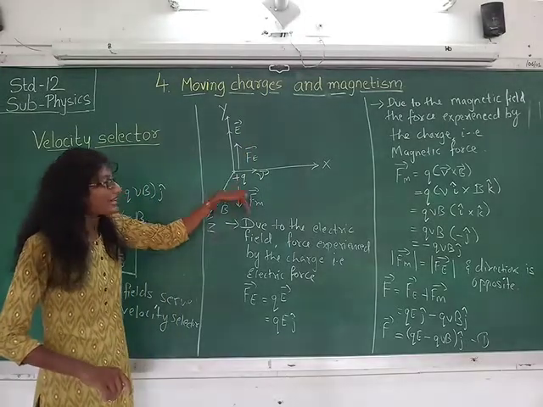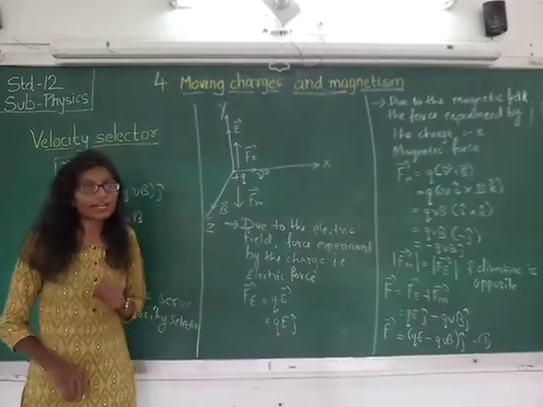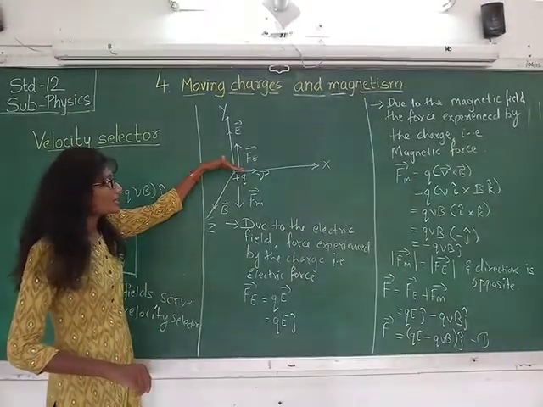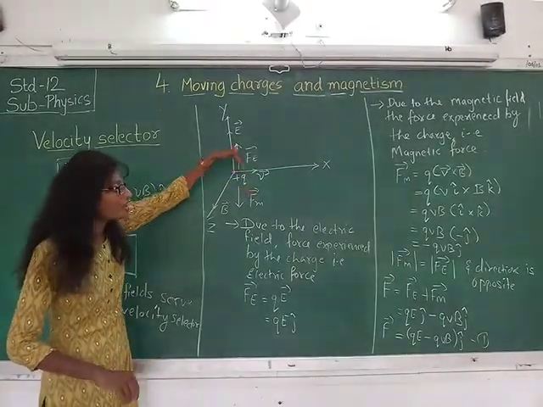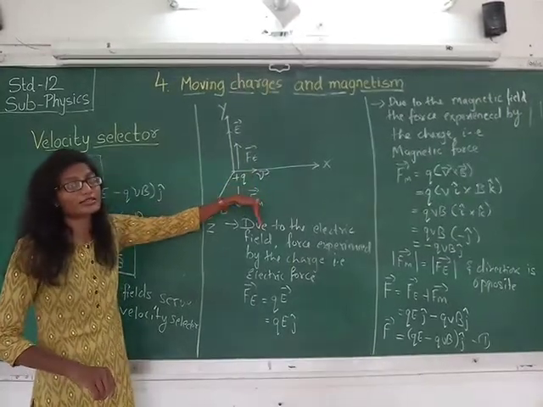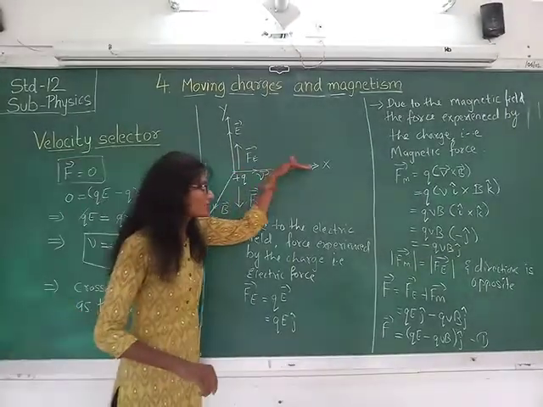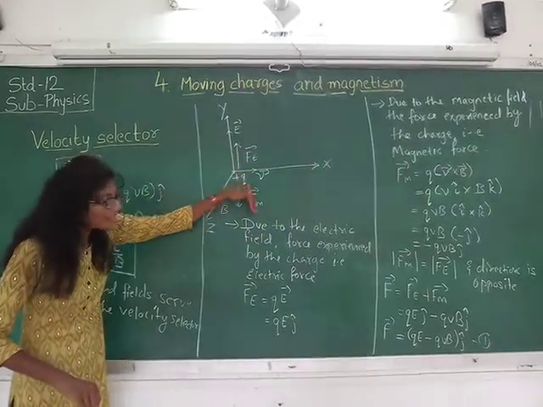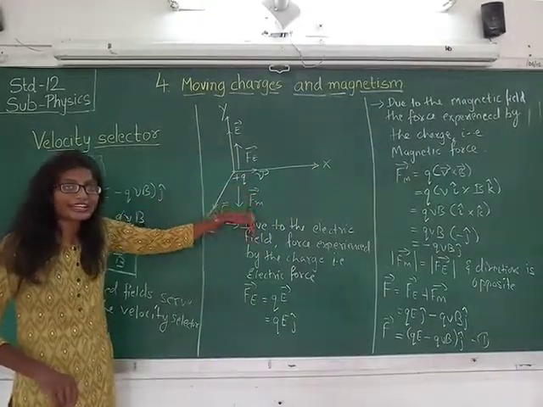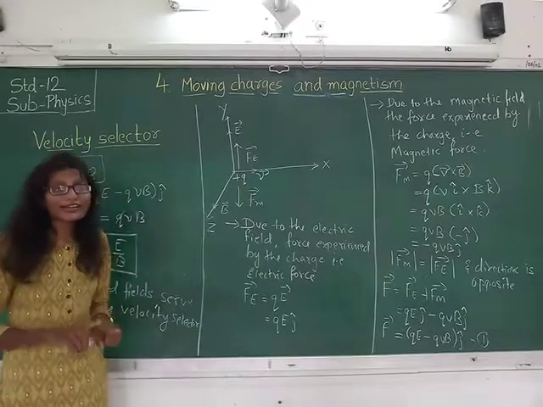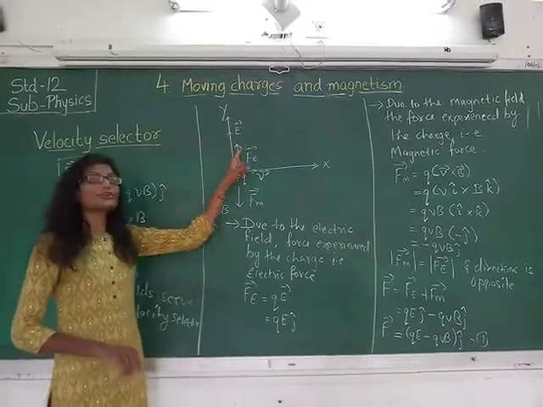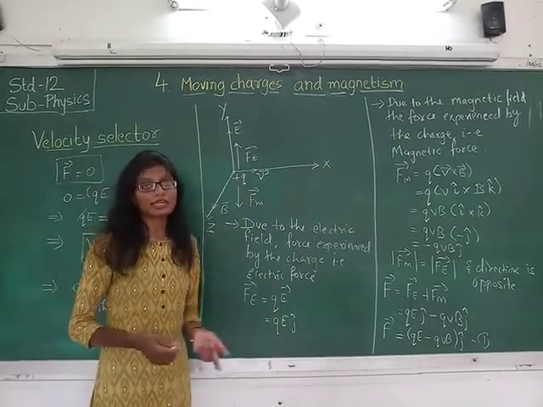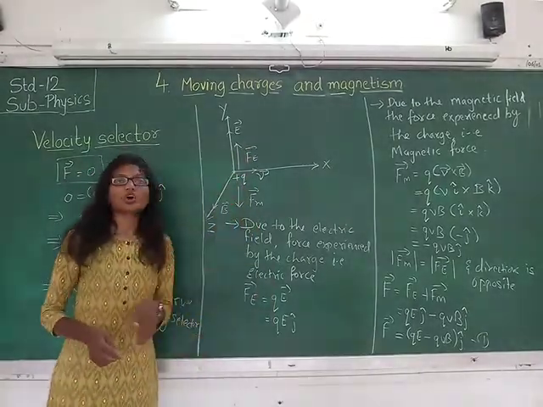Now, if the magnetic force is more, then what happens? If the magnetic force is more, then the charged particle gets deviated towards the negative y-axis. Then instead of going towards its own path, that is along the x-axis, it will be going downwards, that is along the negative y-axis. And for that reason, we are keeping the magnitudes of the electric force and the magnetic force as equal because their directions are opposite.